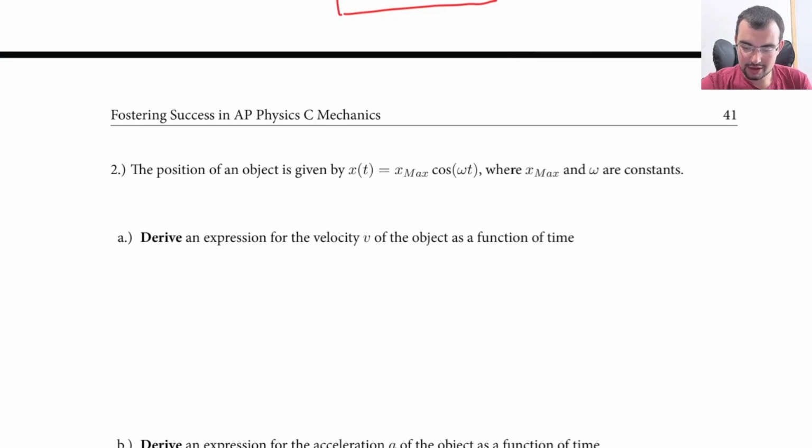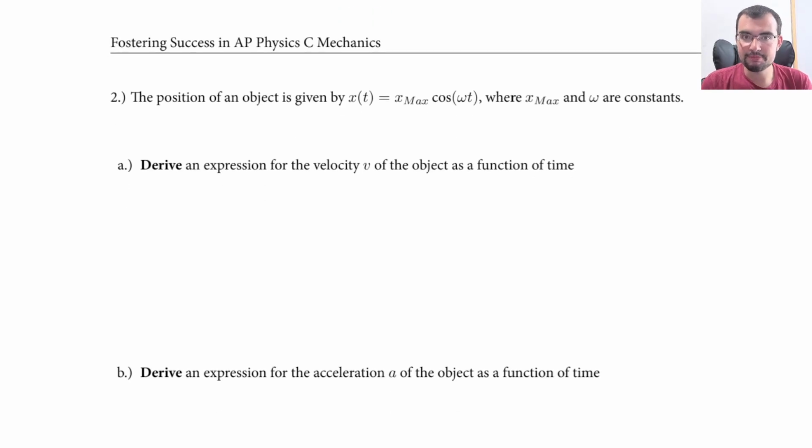But we see this as a cosine. So here's some more rules. These are actually on the Physics C reference sheet, but you'll have these memorized eventually. So some facts for us is that the derivative of a cosine function is negative sine.